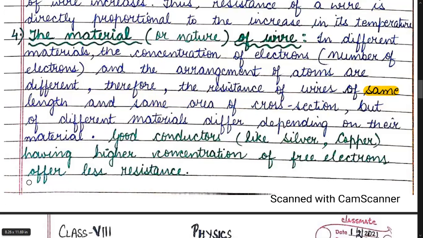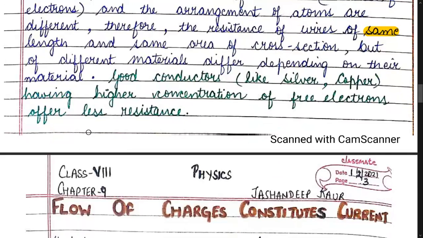For example, children, if I am having a wire of copper and the other wire is of aluminium, suppose both the wires are of same length and same area, still the resistance is different. Why? Because one is of copper and the other is of aluminium. So the material is different.